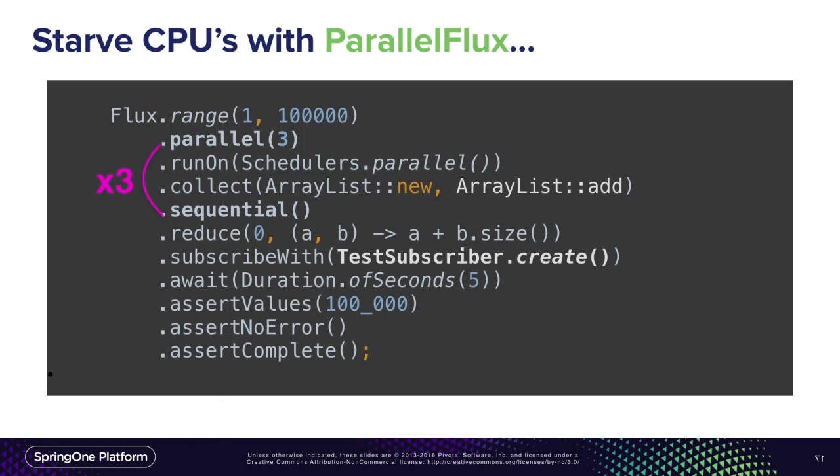With this parallel method, you can use your CPU up to as many cores as you want. We used 3 as the parameter, but if you don't pass anything, it will use as many CPUs as you have on your current hardware, and try to use all these CPU resources to do the work inside the purple block.